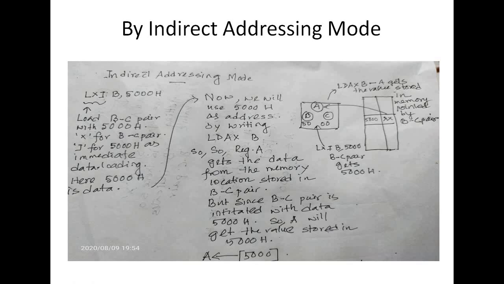Now here 5000H is data. Now we will use this 5000H as an address. How? By writing LDAX B. First we have loaded the BC pair with 5000H. Okay, see here.